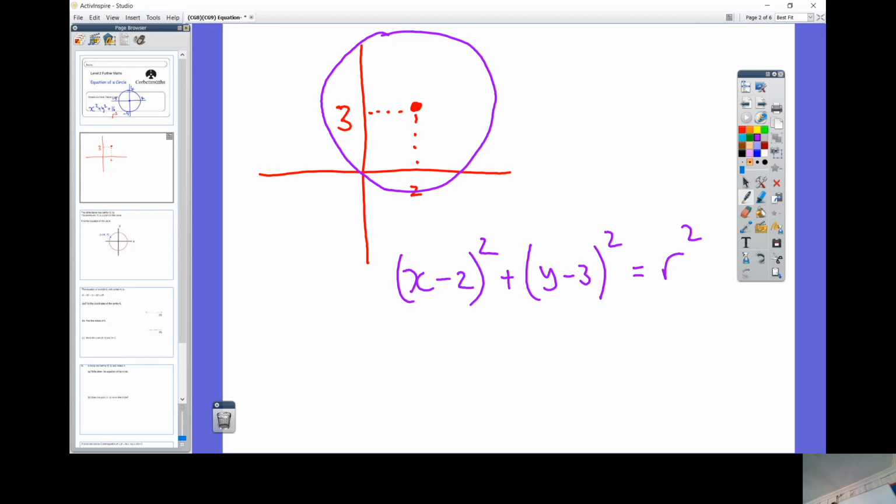Still always a plus sign in the middle. This is just the transformation of the graph, shifting it back to the origin, if you like. That's the only learning point here.